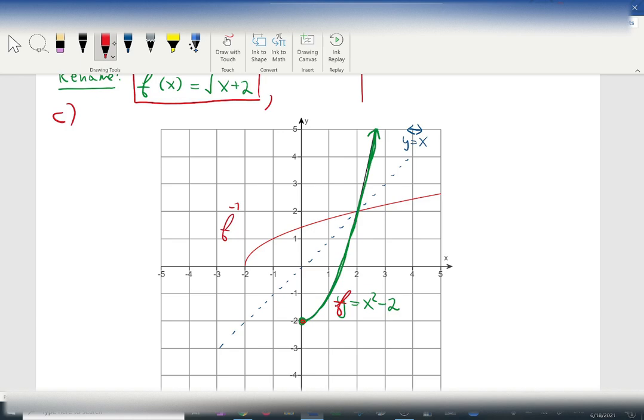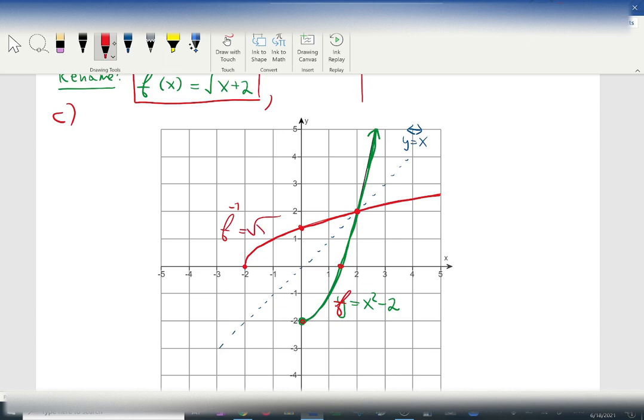It used to be minus 2 on the y-axis, now it's minus 2 on the x-axis. Then this is the point where they intersect, and this used to be the 0 point, and now the new 0 is over here. So all the points are flipped, and this is my inverse function, which is a square root.